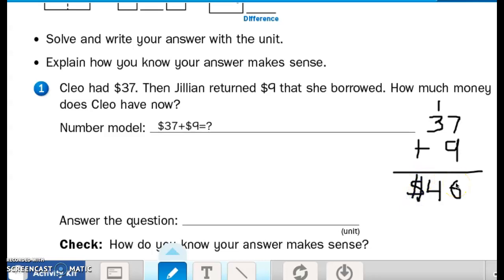Yes, it is. So my answer makes sense. If her friend gave her $9 and then she ended up with $17, that wouldn't make sense. So our answer to our question, here's my dollar sign, $46.